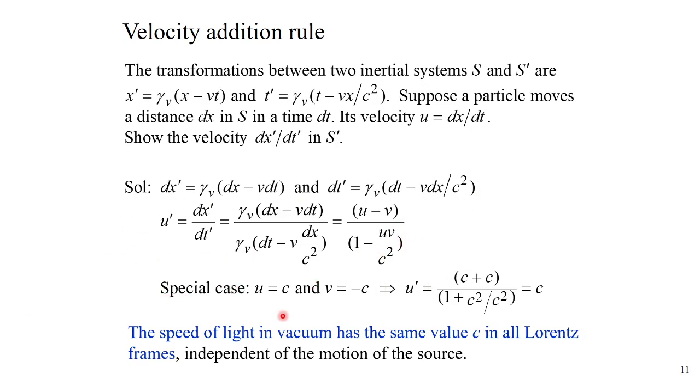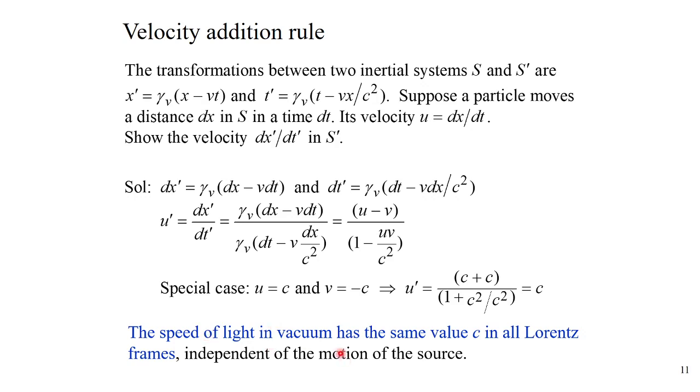In a special case, let's consider if u is very close to the speed of light, what will happen? And v equals minus c. We get u prime still equals c. One is moving forward and the observer is moving backward.